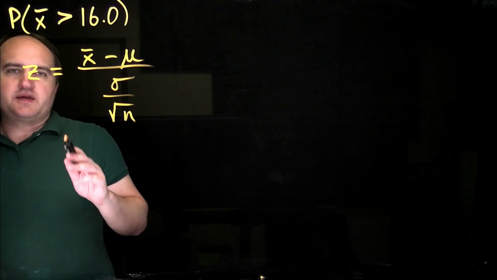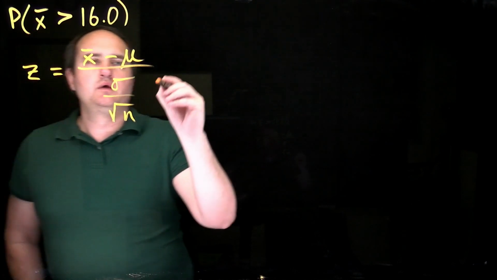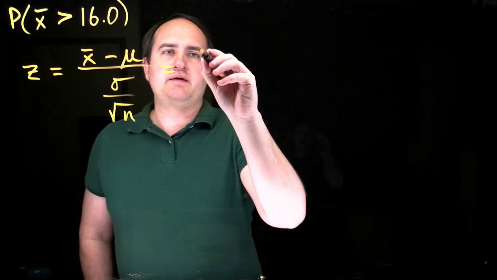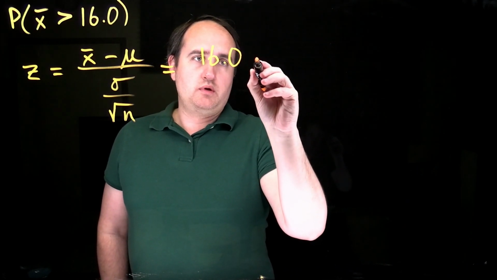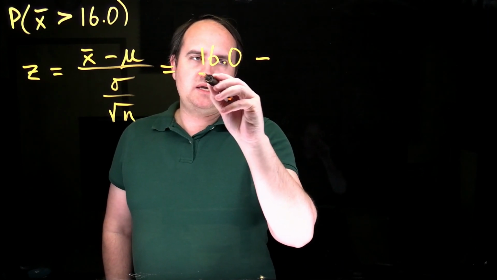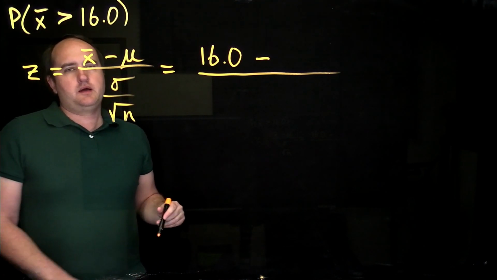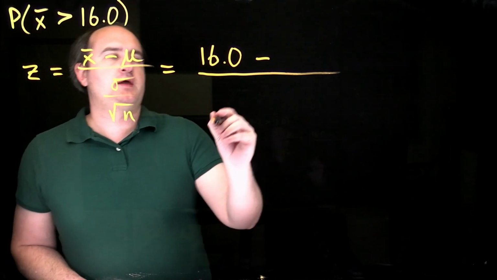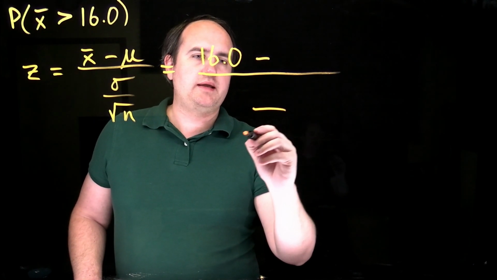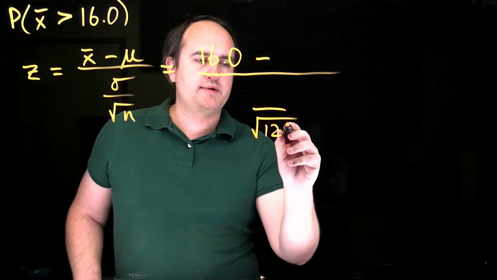Okay, but here x bar is going to be 16.0. So using this formula, we're going to have 16.0 minus mu, the same mu that we had before, over sigma, the same sigma we had before, divided by the square root of n, which is the square root of 126.